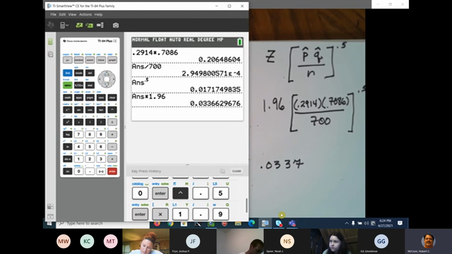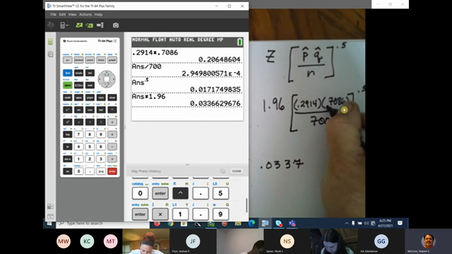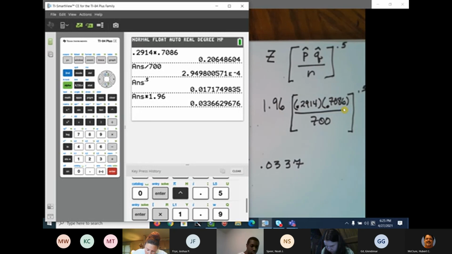P hat, which is 0.2914. And then Q hat is 0.7086. All right, that you divide by 700. So you do that first. Yeah, you always do what's inside parentheses first.